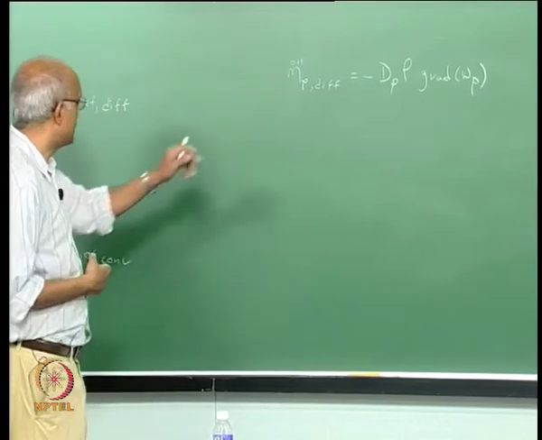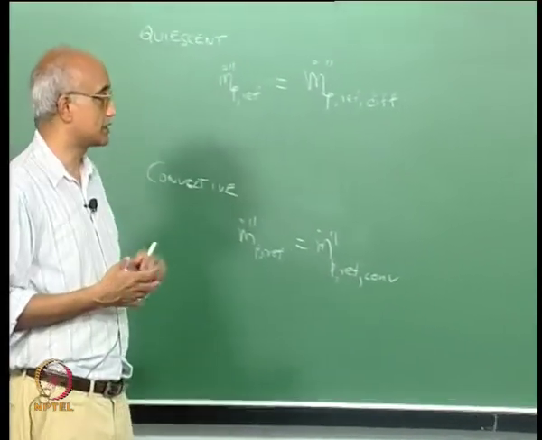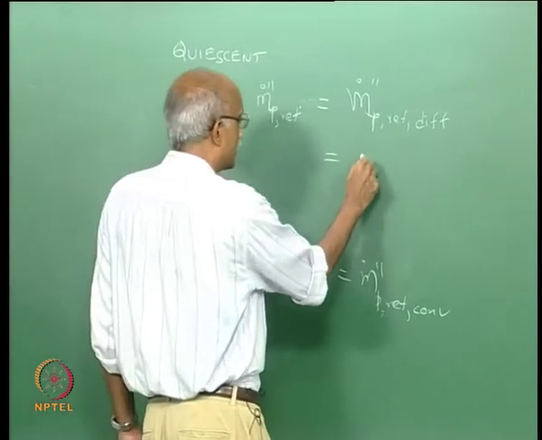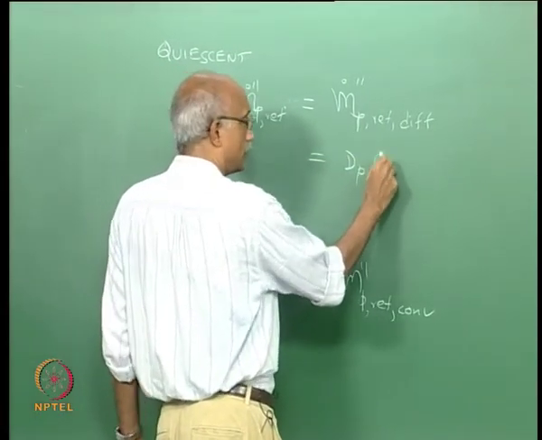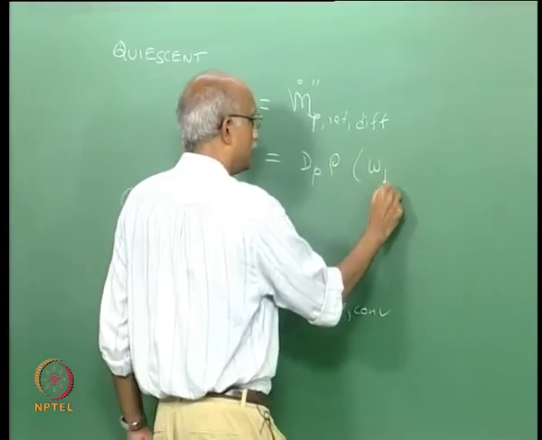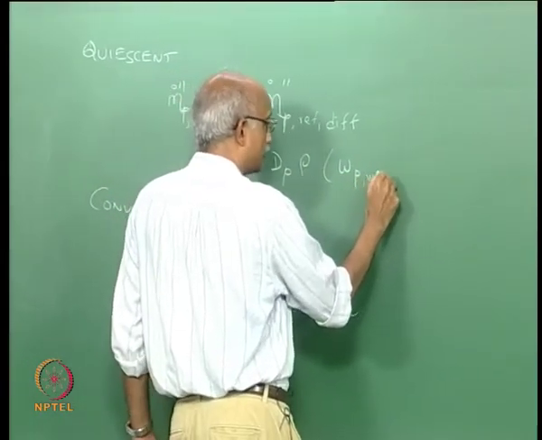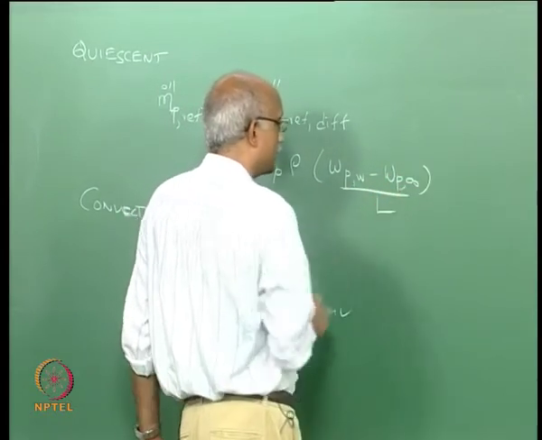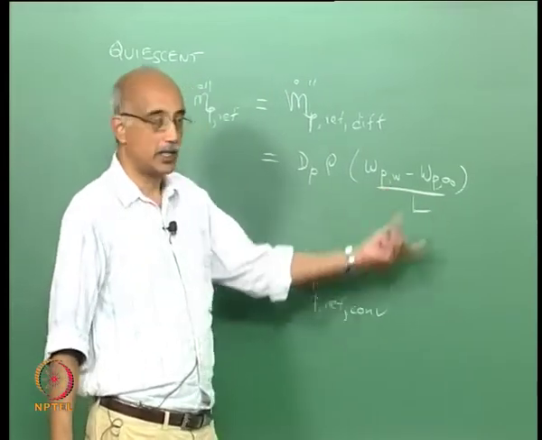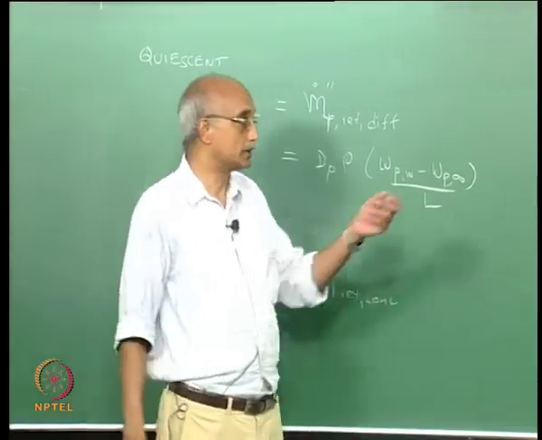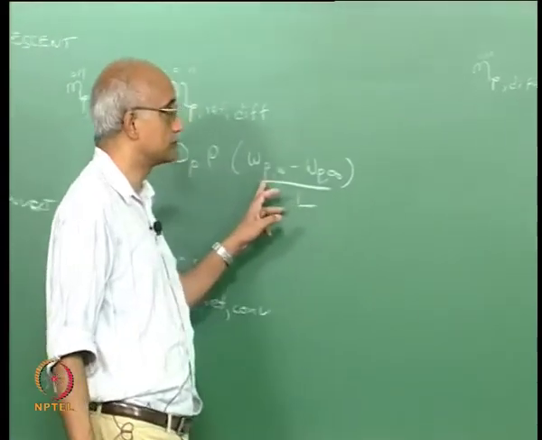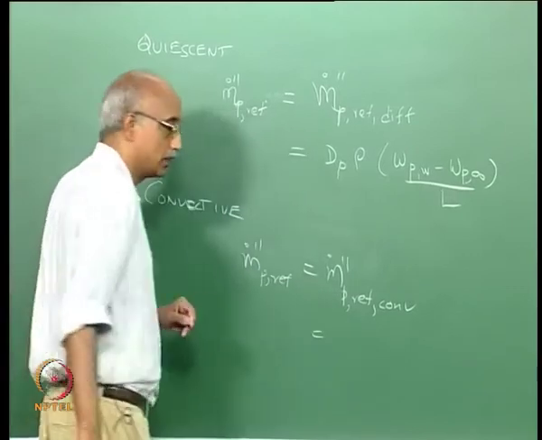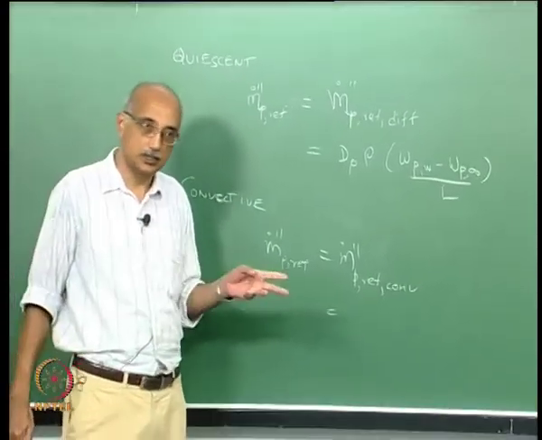So from this, what would you establish as a reference flux? The reference flux, therefore, is going to be D_P times rho times omega_P at the surface minus omega_P far away from the surface, the whole thing divided by L. So the term within the parenthesis is a reference value for the gradient. And for the convective case, actually the reference value is much easier to think about.